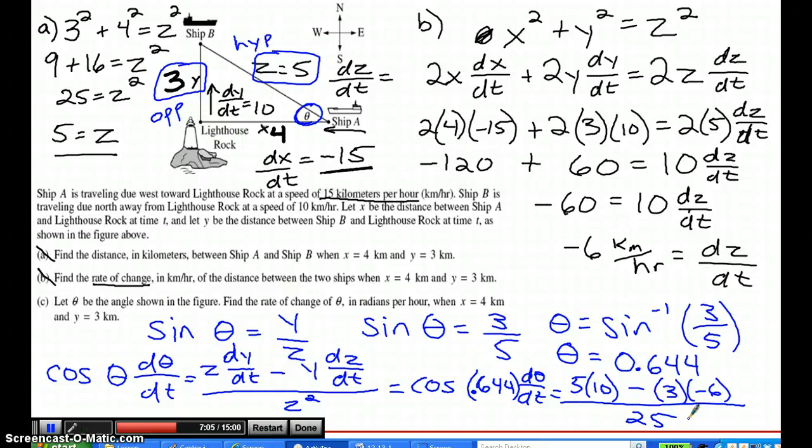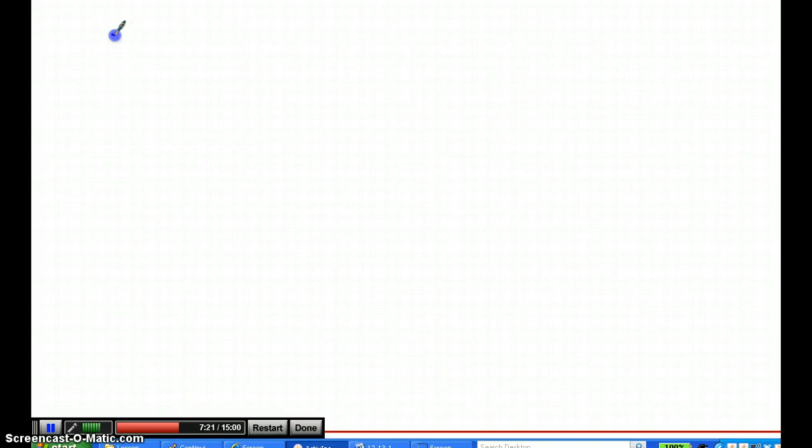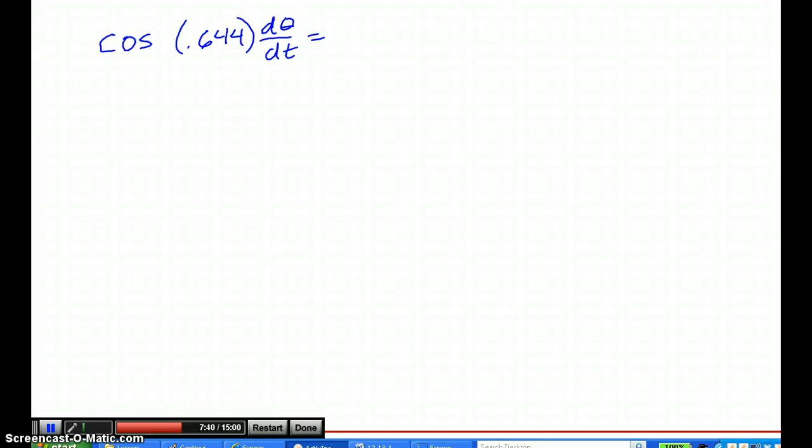We have on the numerator 50 plus 18 divided by 25. So I'm going to need a new page. I was trying to avoid it. Can't avoid it anymore. So I've got cosine of 0.644 d theta/dt equals, what did I say, 68? Let's go look. 50 plus 18, so 68, all over 25.